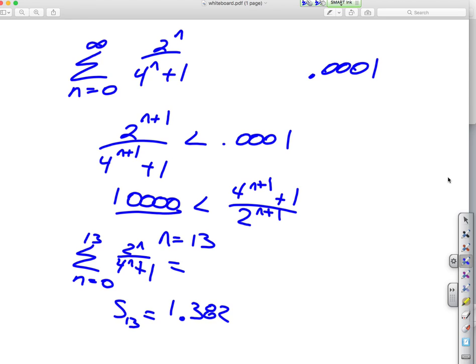One past that. Oh, so I forgot something. That should be good, right? Okay. So then I need to find A of what? 14. I need to find A of 14. So 2 to the 14th over 4 to the 14th plus 1.